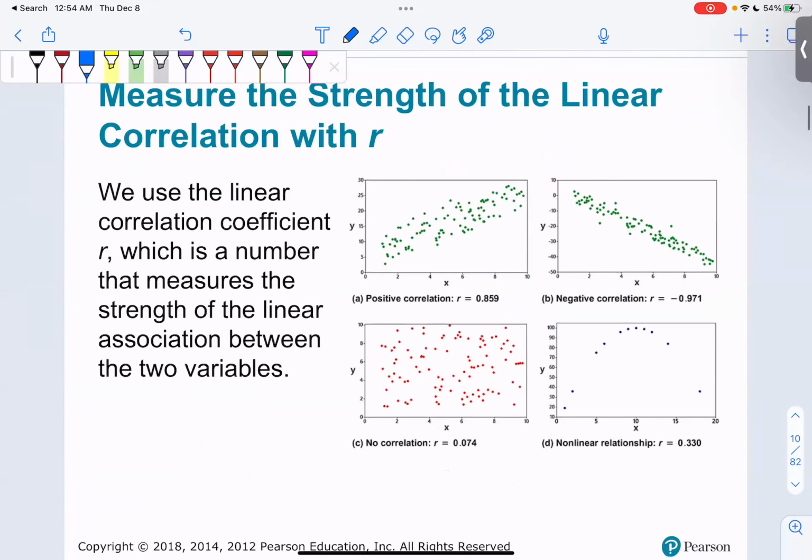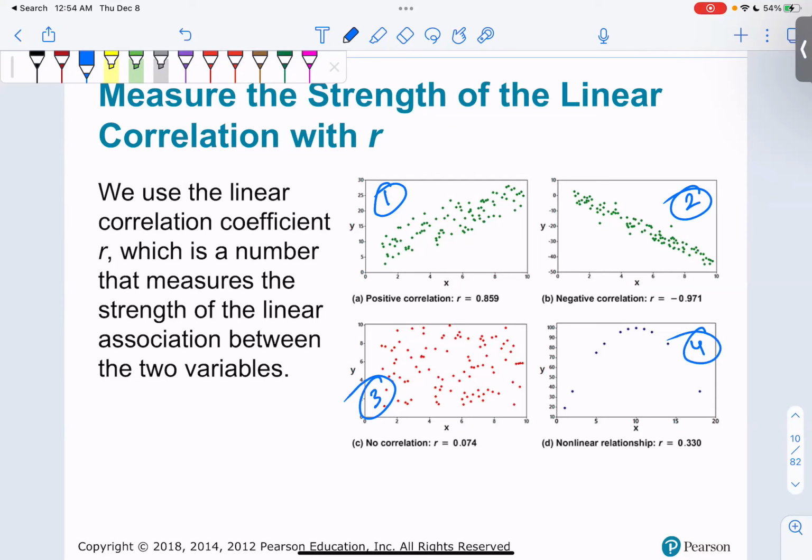Okay, now for the form of the relationship between those two variables, we have 1 positive relationship, 2 negative relationship, 3 no relationship, 4 non-linear relationship.